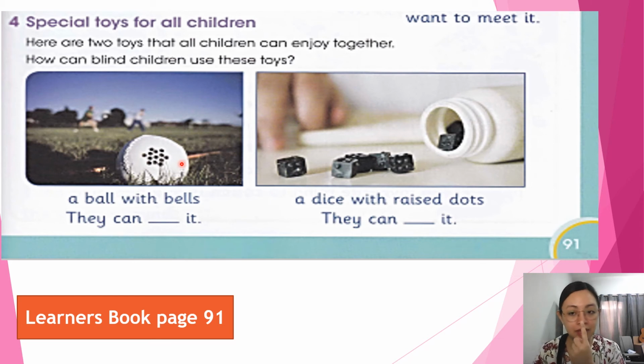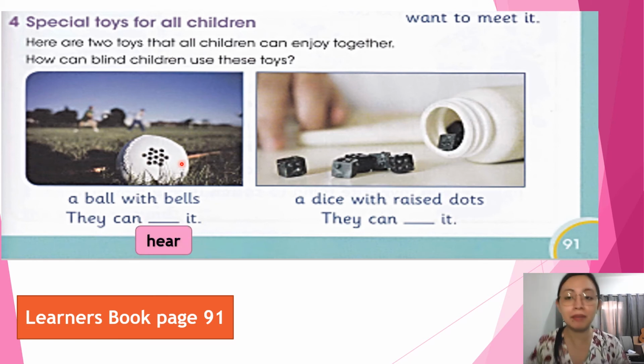Can they smell it? Can they see it? Of course not, because they are blind. Okay, can they touch it? Maybe, but the bell will help them. Correct, the bell will help them hear the ball. Okay, so a ball with bells, they can hear it.